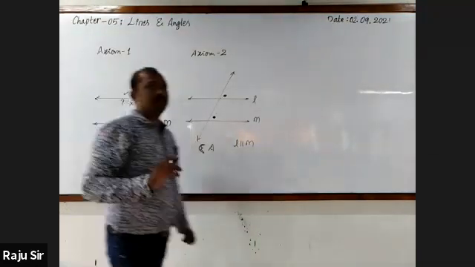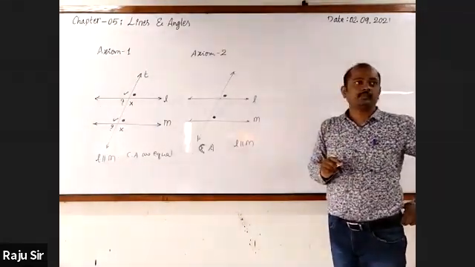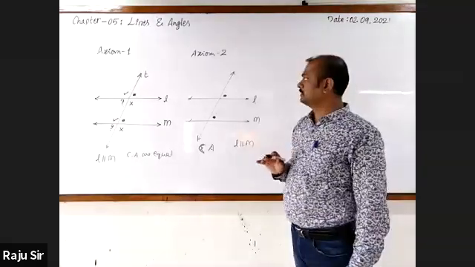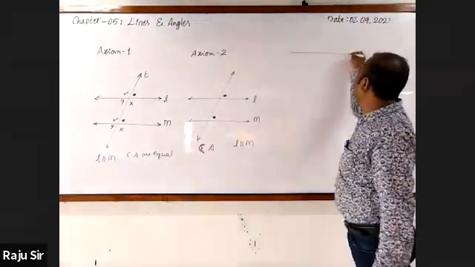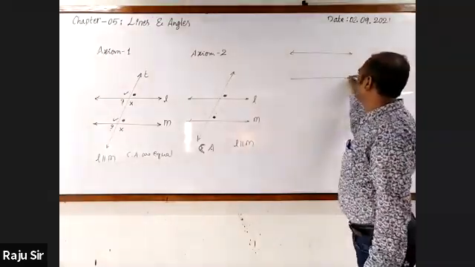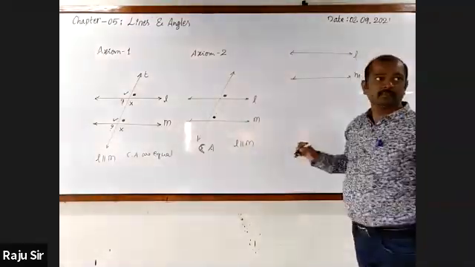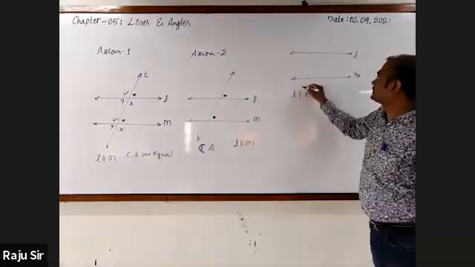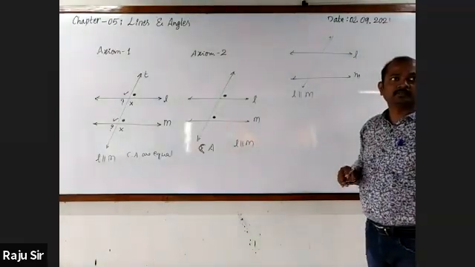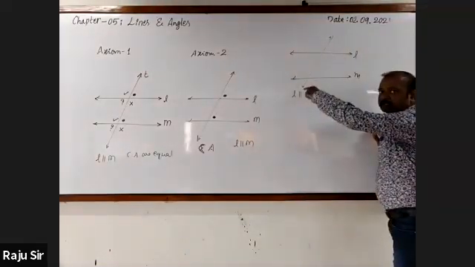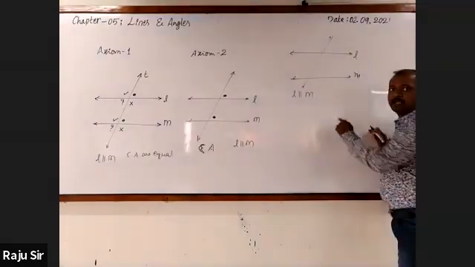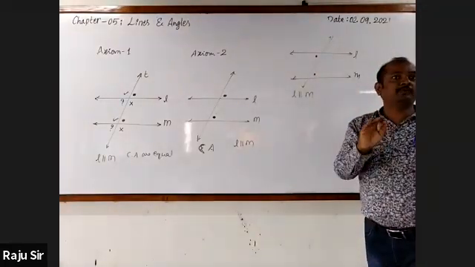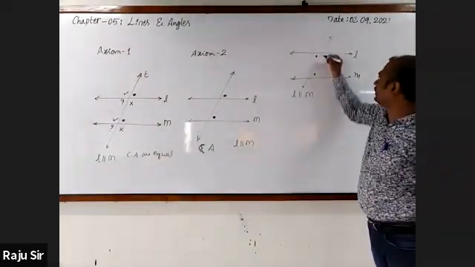Then, the second one, alternate interior angles. Now, observe. Here, these are the two lines, L and M, such that L is parallel to M. If a transversal intersects two parallel lines, then each pair of alternate angles are equal.